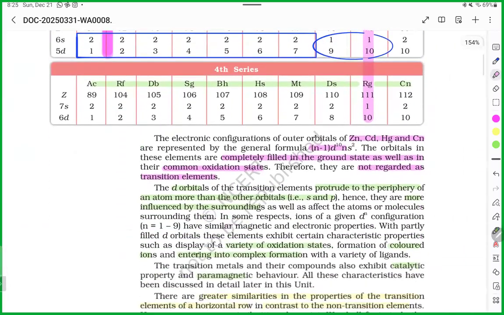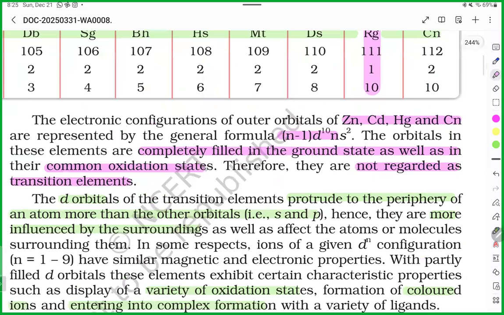So this is the thing. Again, they wrote the same stuff, ditto same. Zinc, cadmium, mercury are the group 12 elements. Remember, group 12 elements are fully filled. Group 11 always has d10.